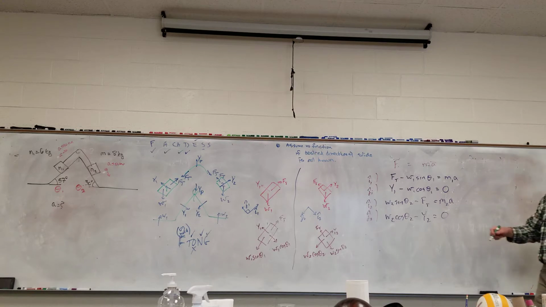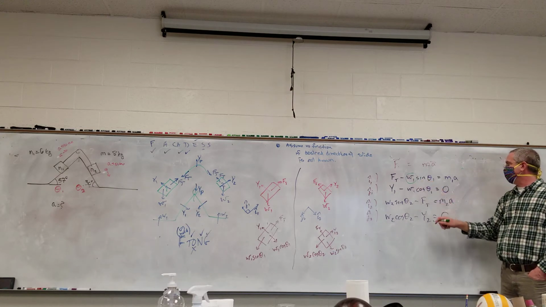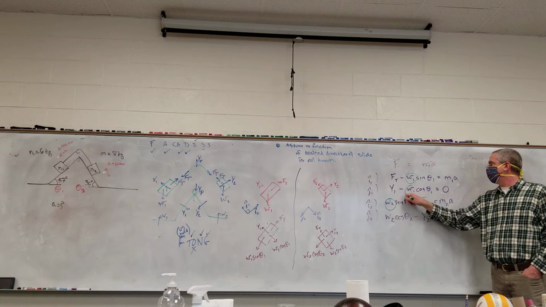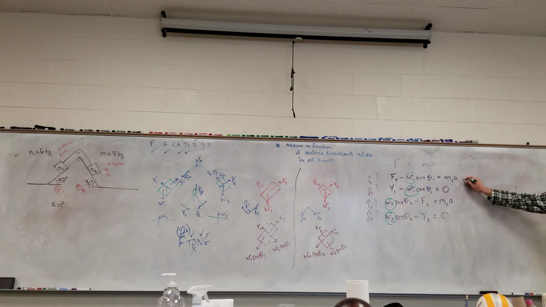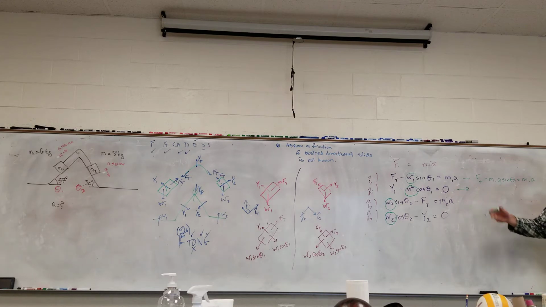I have formula for weights. So my weights will. So this becomes Ft minus M1G sine theta 1 is equal to M1A. This one right here, I typically make the substitution and bring it over at the same time, so I have Y equals M1G cosine theta 1.